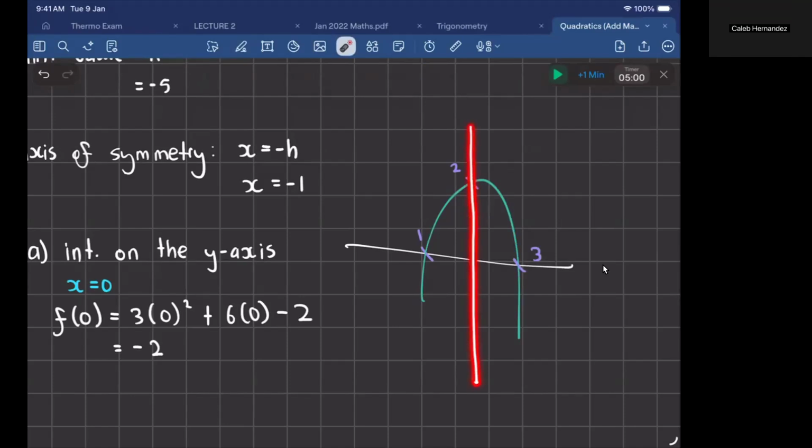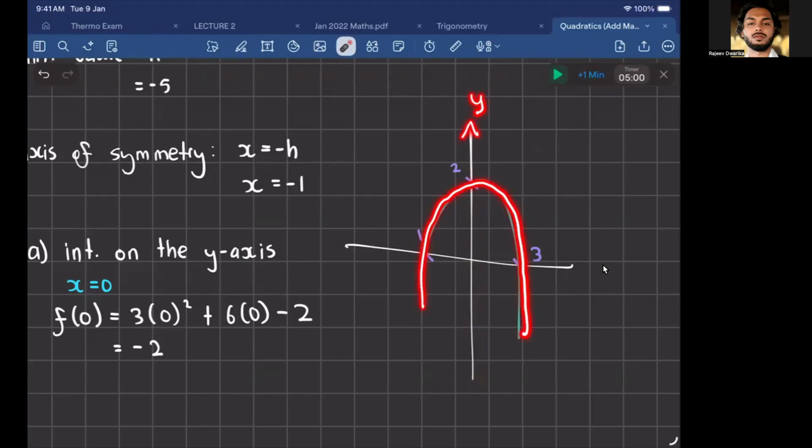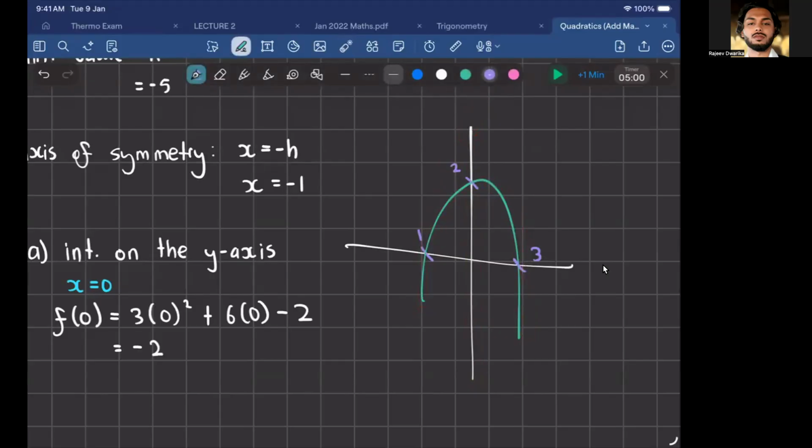The y-axis. Okay, so where does the curve cut the y-axis? Yeah, at 2.